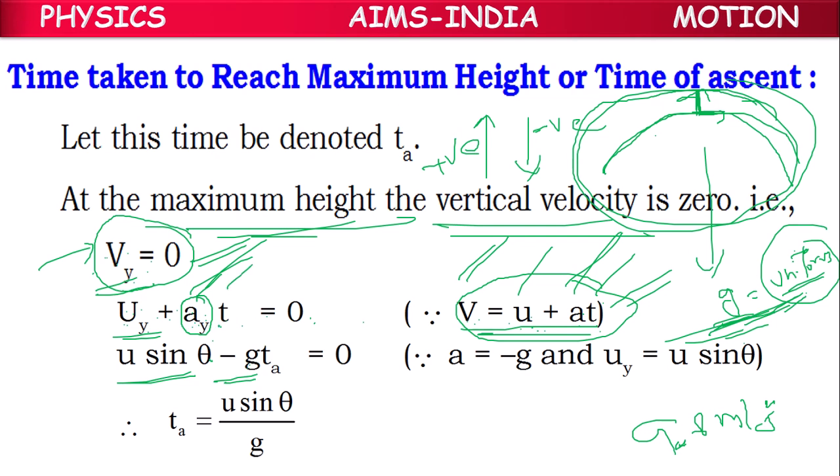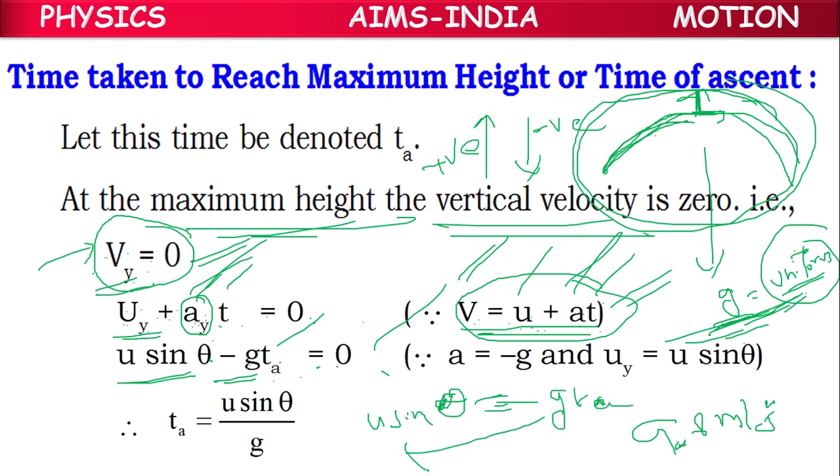In the place of t, we can take time of ascent, because for going to maximum height, the time taken by it is called time of ascent, and v equals 0. Or this g t_A will come to this side. We can write it as u sin theta equals g into time of ascent.